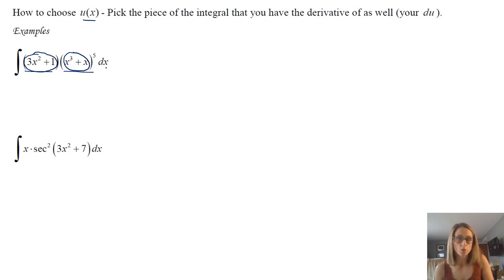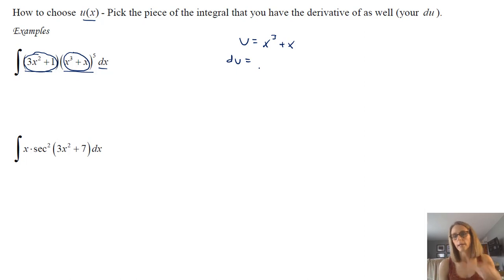And because of differentials, we can also replace this piece. So you can see that we're only going to be left with something to the fifth. And we know the antiderivative of something to the fifth because that's one of the rules we have for integration. So I'm going to let u equal x cubed plus x. Typically when we write the differential, we don't do it in 2 steps.